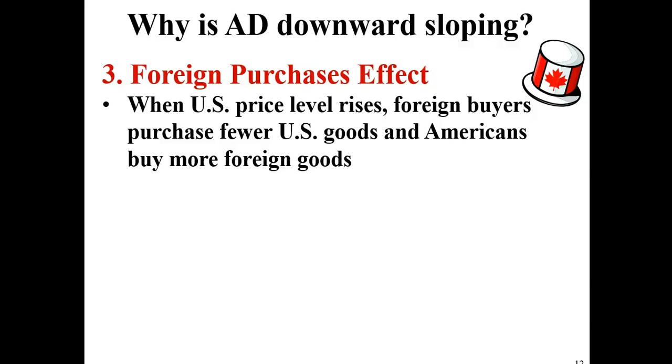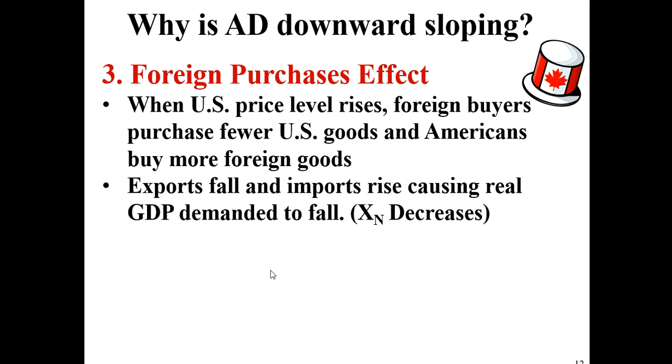And net exports is exports minus imports. So if exports go down and imports go up, then you can see that net exports portion of the equation is going to be reduced. So price levels rise and net exports, or GDP in general, decreases.